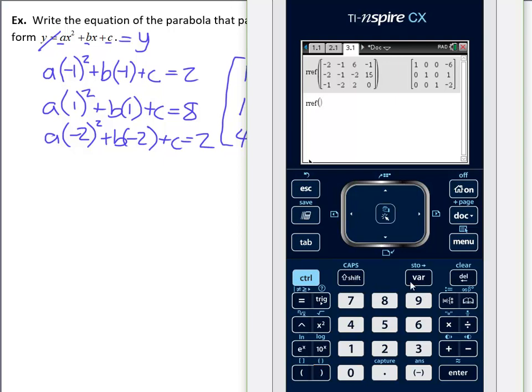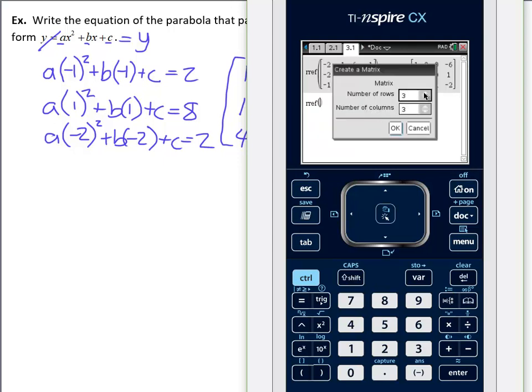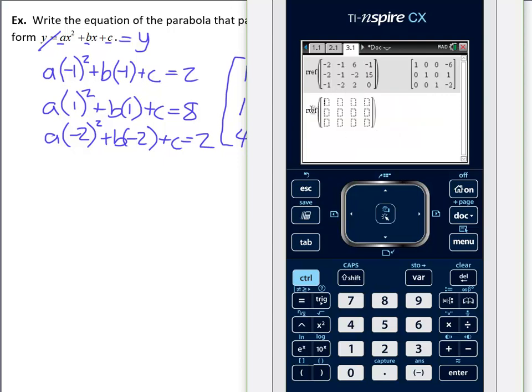Another place to find matrices other than menu, matrices, create is the math template key, the one between 9 and the book down here. If you click the one that looks like a little 3x3 matrix and select it, you can select any size matrix. So 3 rows, 4 columns gets me the setup I need.